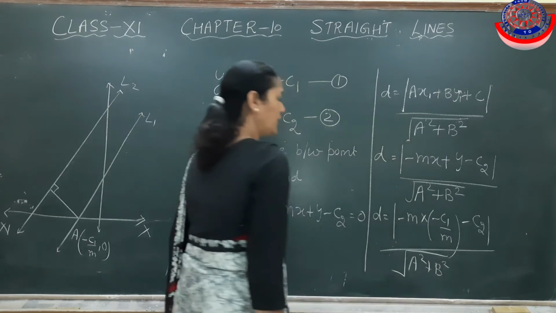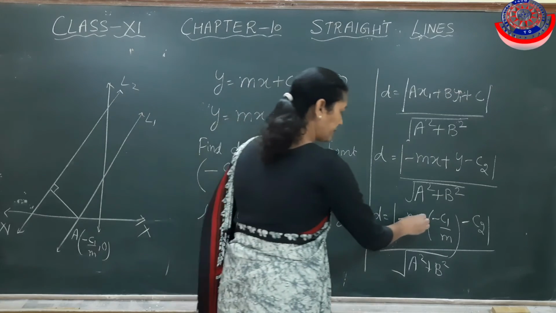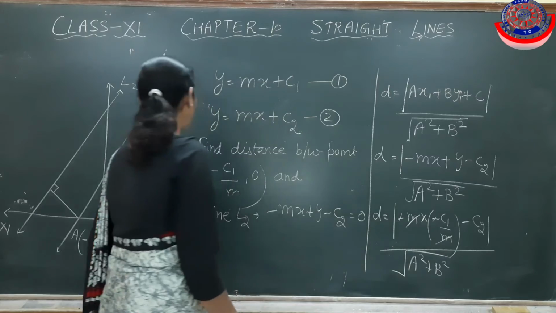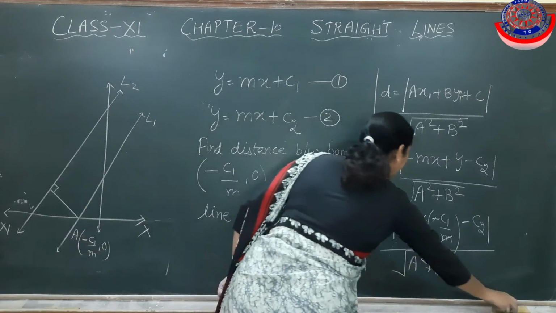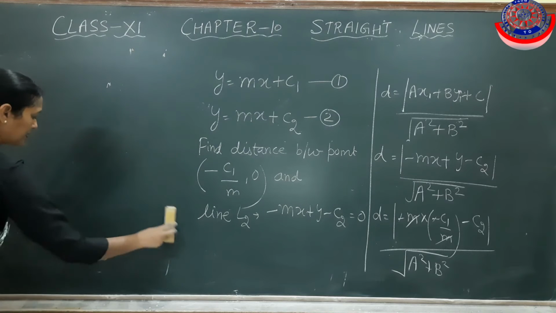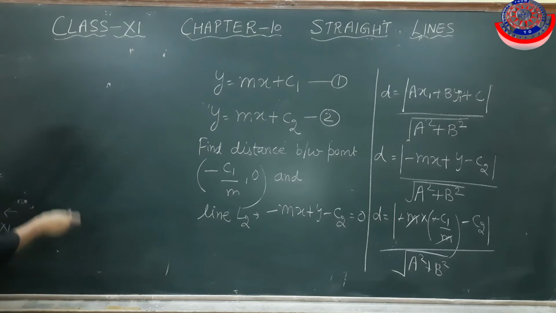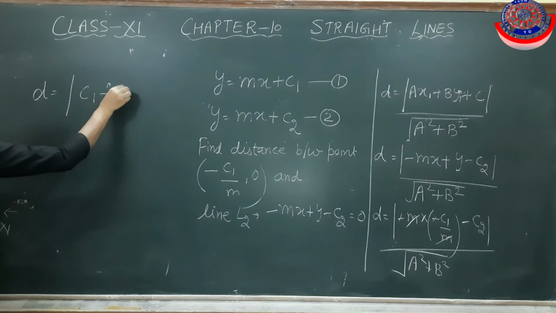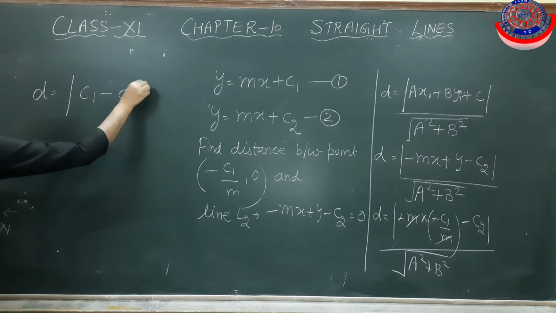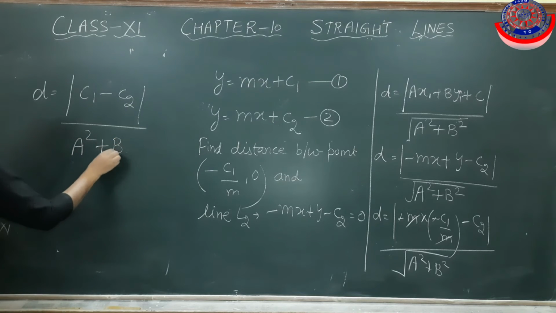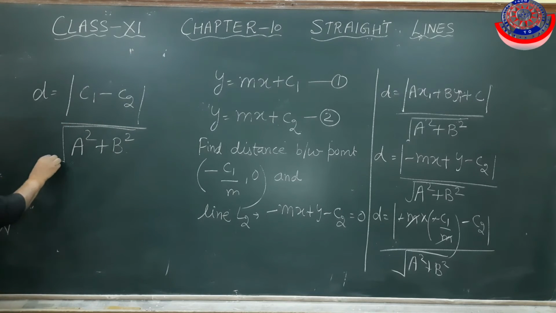So after cutting m and m, minus and minus, what we have obtained? We have obtained that the distance between two parallel lines can be written by the formula c1 minus c2 upon under root a square plus b square.